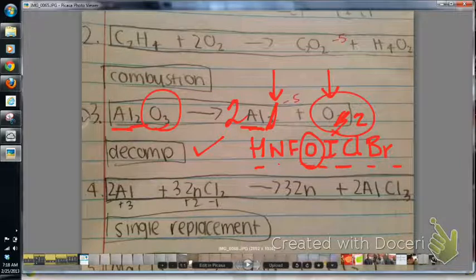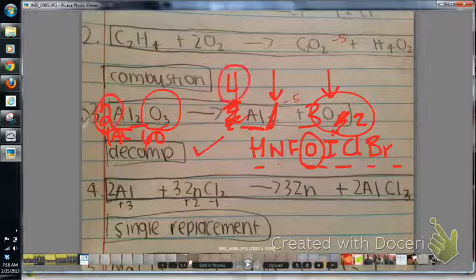So we need to have an even number of oxygens, put a 2 here, which changes our number of aluminums to 4. It changes our number of oxygens to 6. And to get 6 oxygens over here, we put a 3. Then we need to change that 2 to a 4. So we end up with 2, 4, 3 as our balanced equation. So don't forget, you need the formulas right and you need to balance it right. But those were the problems with that question there.